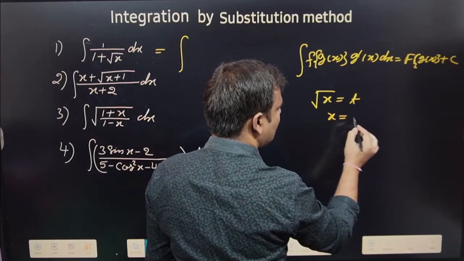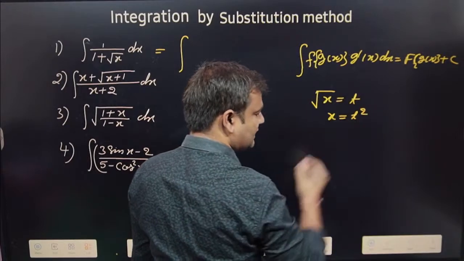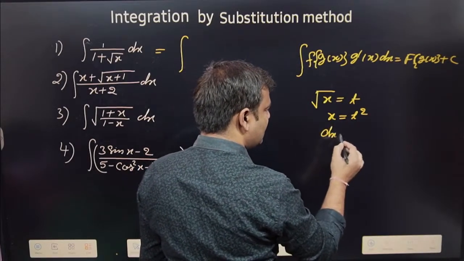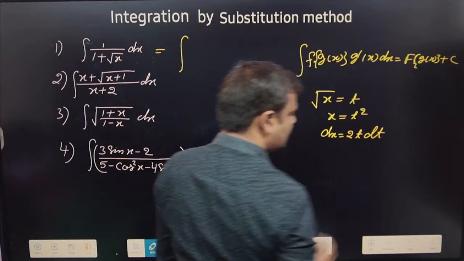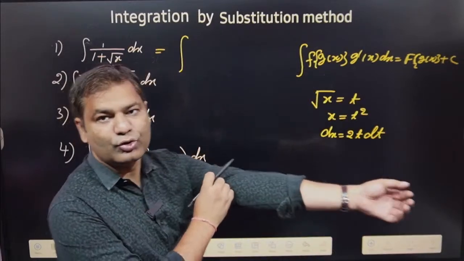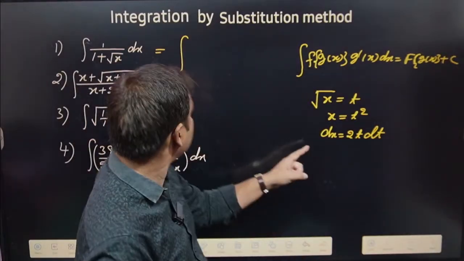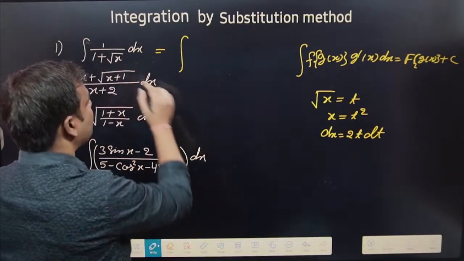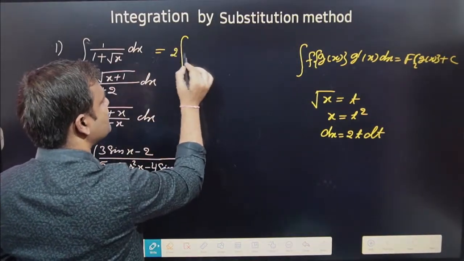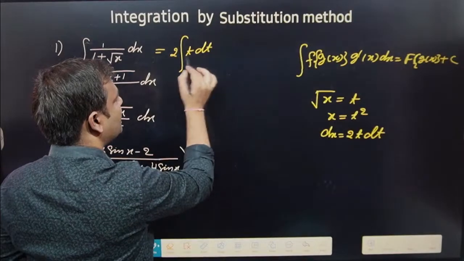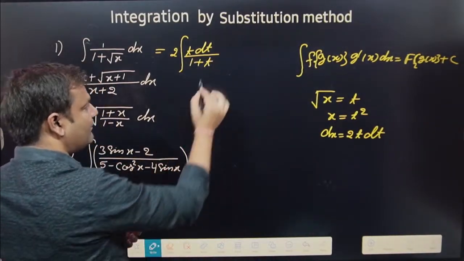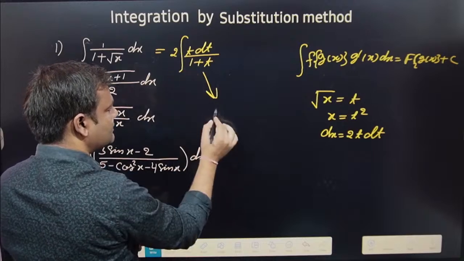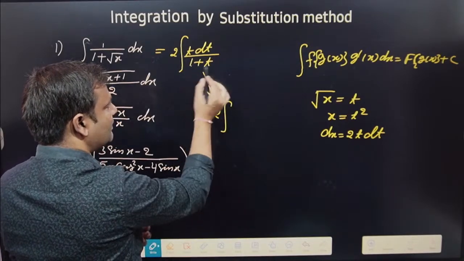that means x is equal to t square, squaring both sides. So dx is written as 2t dt. Then dx is replaced by 2 times t dt divided by 1 plus t. I hope that is clear. After that, look, this is 2 times t over 1 plus t.